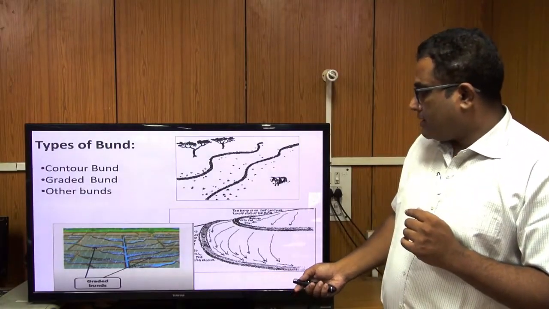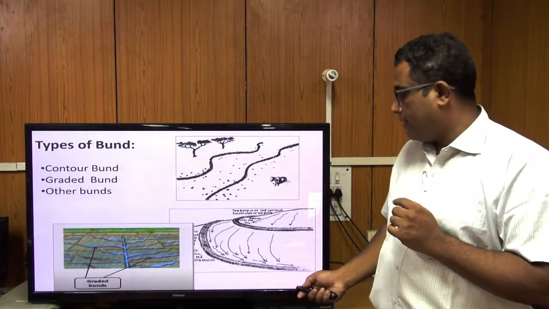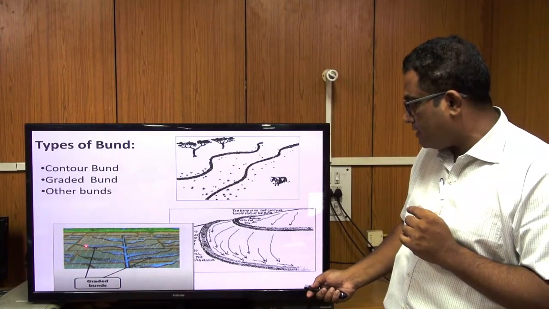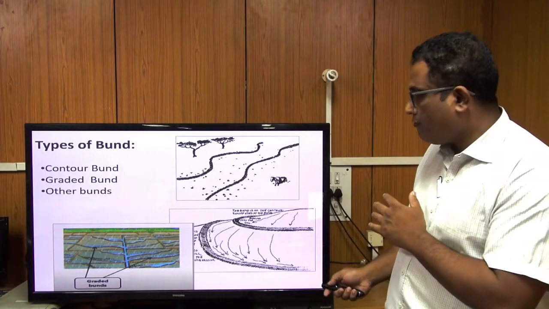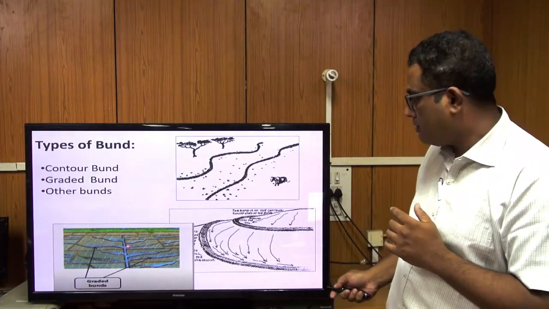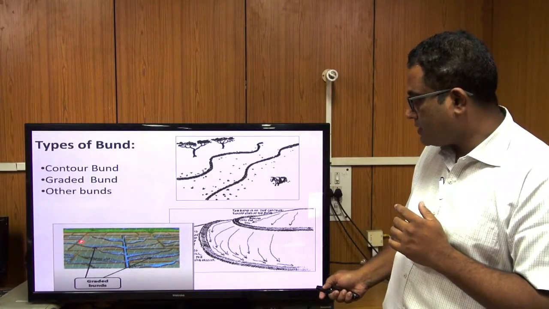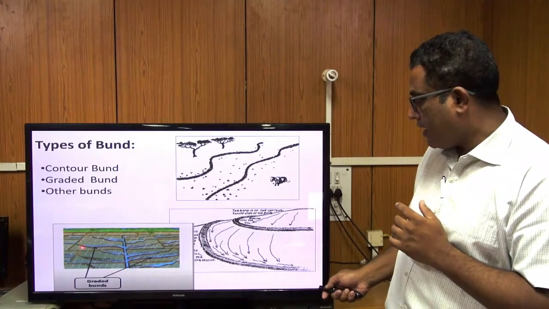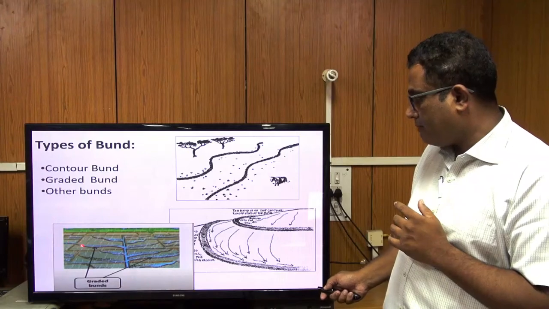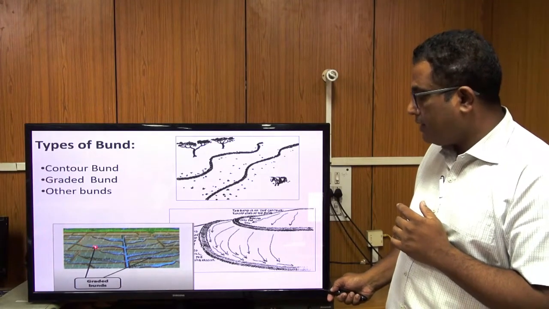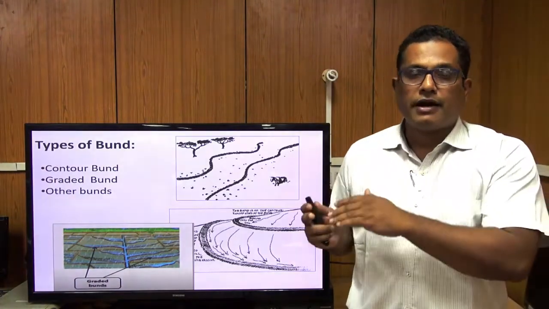Second, this is the graded bund. You see these are the contours. This is your field boundary, and these are your bunds, and along the bund you give a certain gradient.